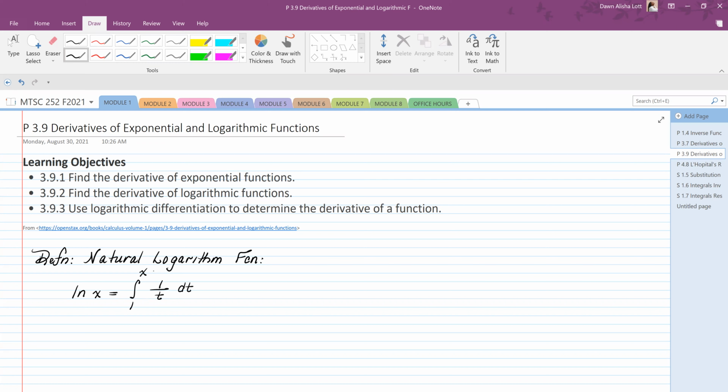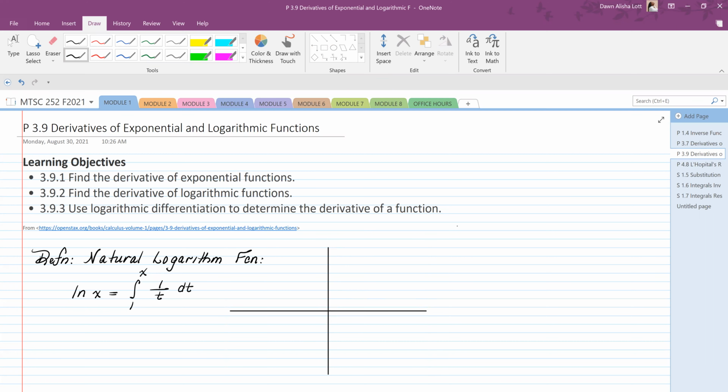So what does that mean physically? Physically, it is the area under the curve of the function 1 over x, 1 over t.